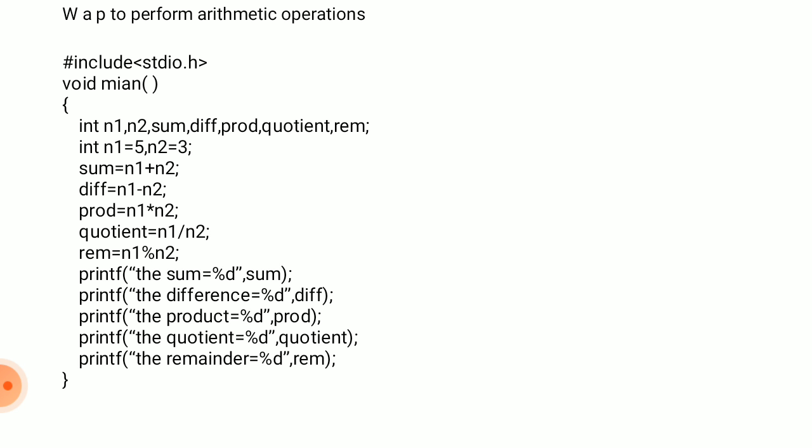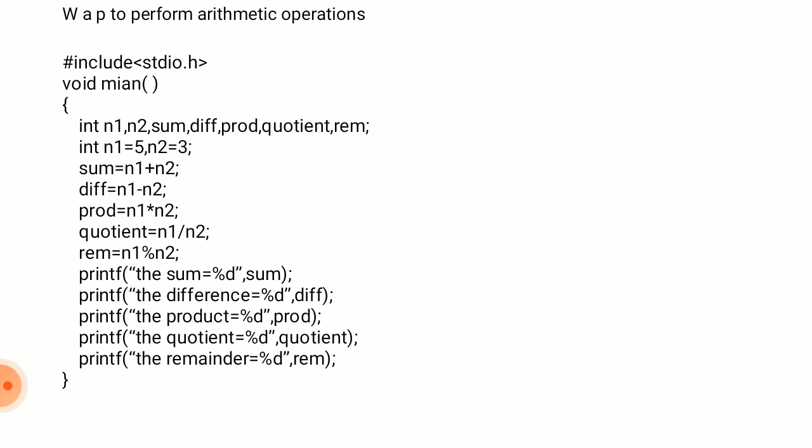So here, in the first printf, write in the parenthesis, in double quotation, the sum is equal to %d, double quotation complete, comma sum. Now you may ask, what is this %d? The % is nothing but a conversion character. It converts the character to integer, character to decimal, character to float and so on.